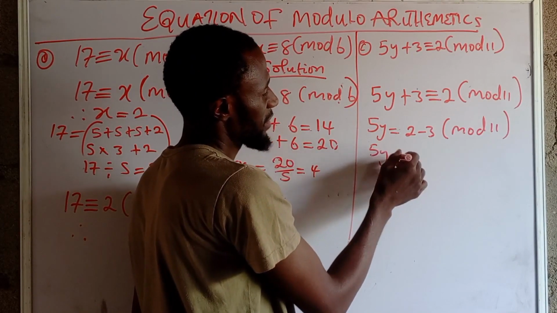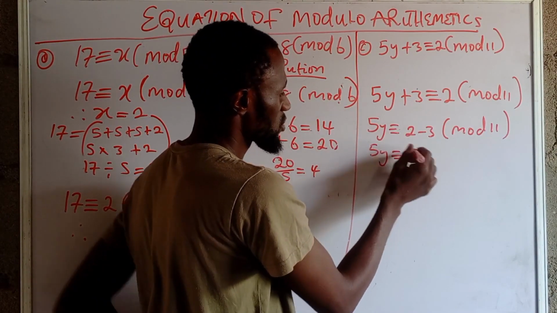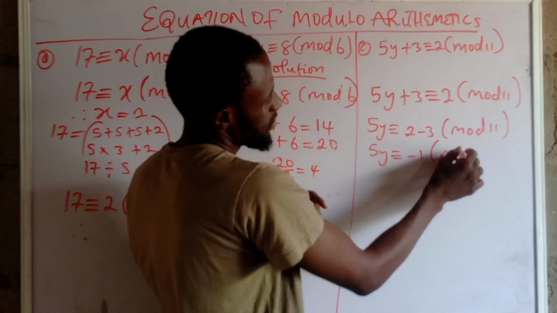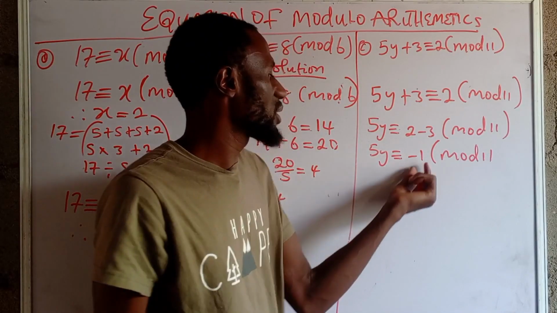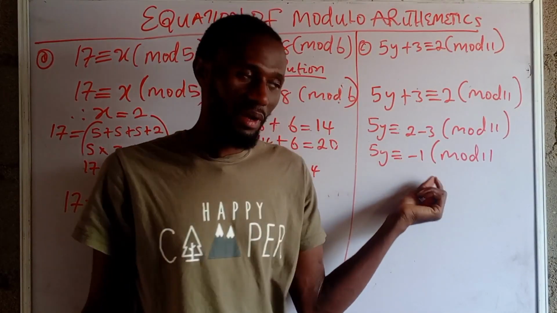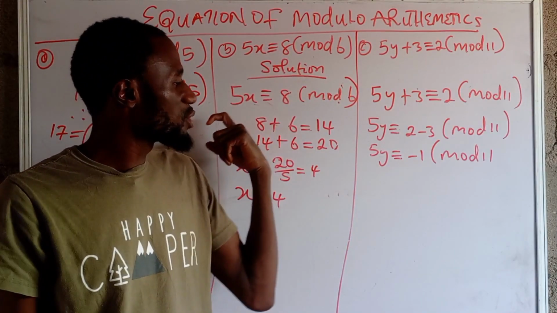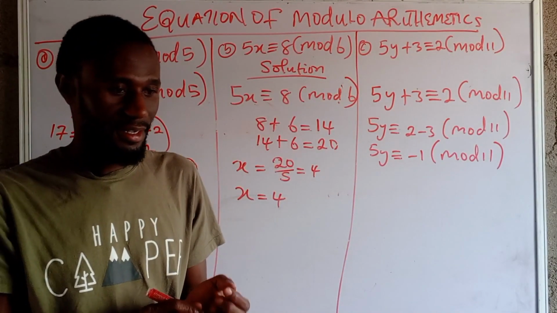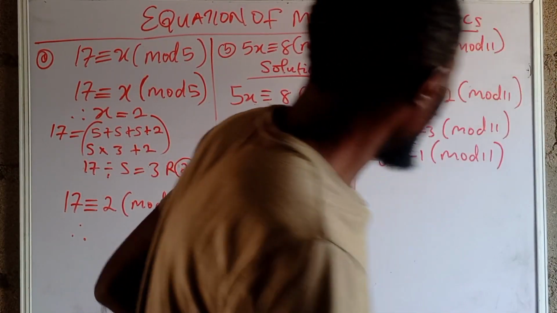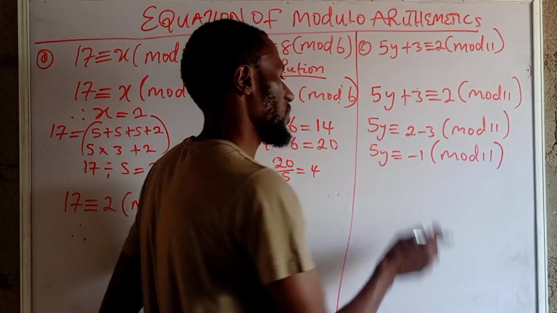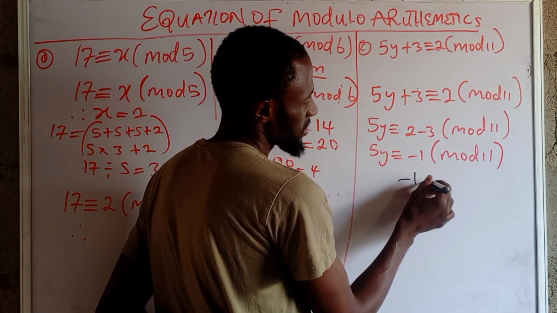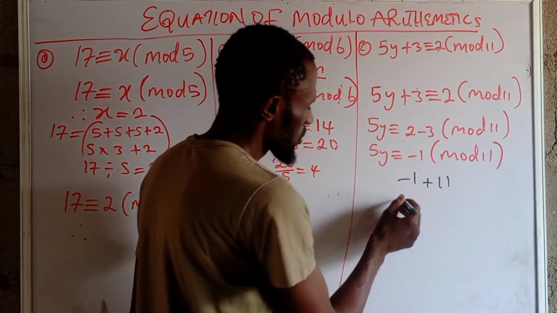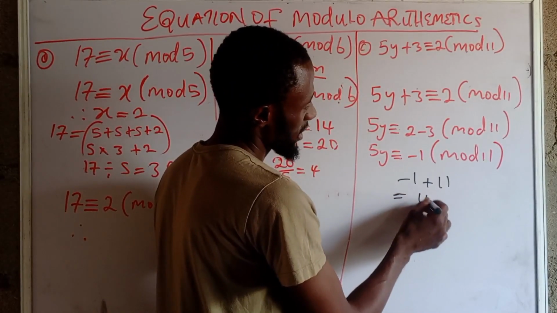So 5y is equivalent to minus 1 mod 11. We cannot leave our modulo as negative. To eliminate the minus, we add the modulo: minus 1 plus 11 equals 10.